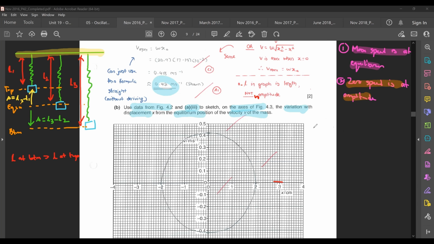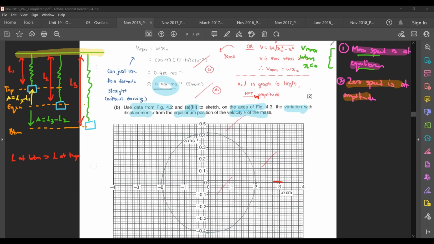So what you do know is that when it comes to velocity, maximum speed is at equilibrium. This means that x is 0. V maximum speed is at equilibrium. This means that V max when x is 0. And then you have 0 speed at amplitude.